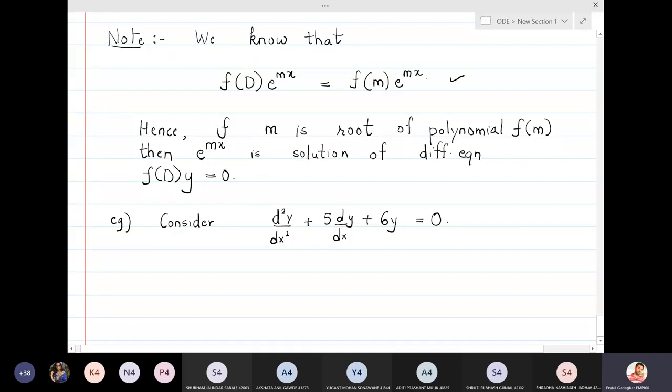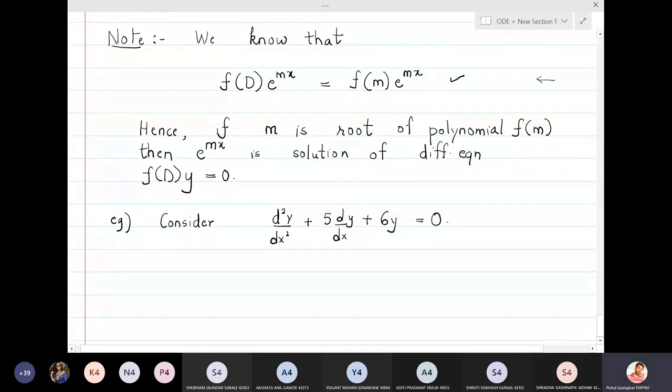So this is a differential equation and I am trying to find the solution of this differential equation. To do this, I will use the above note.